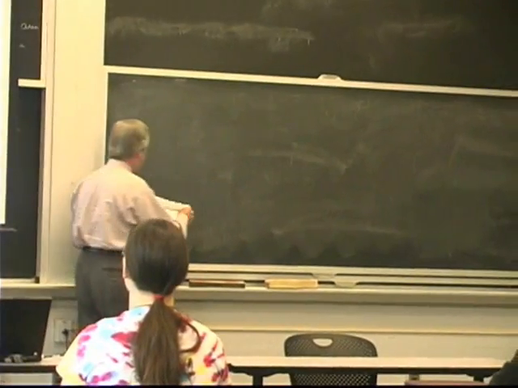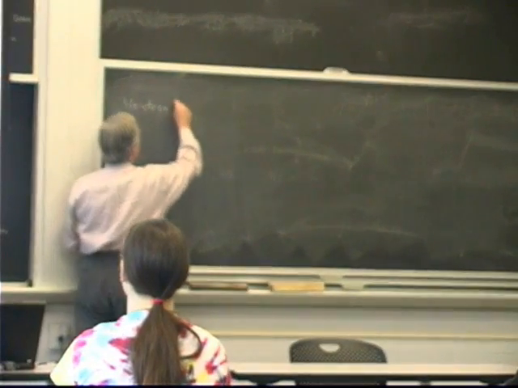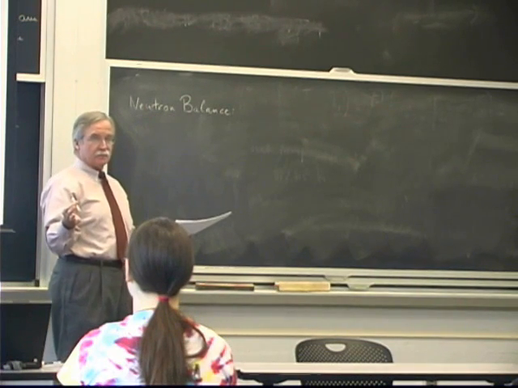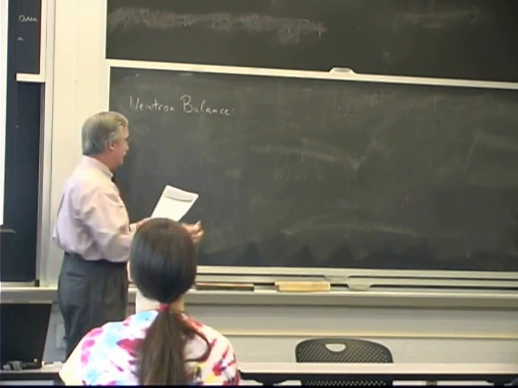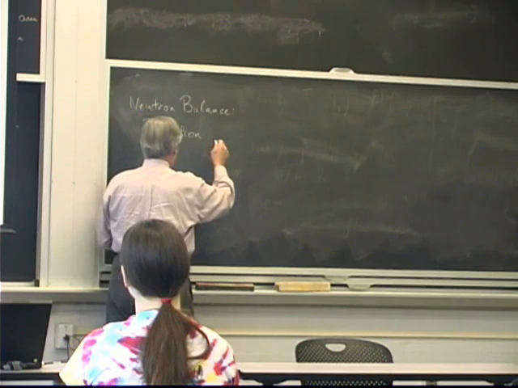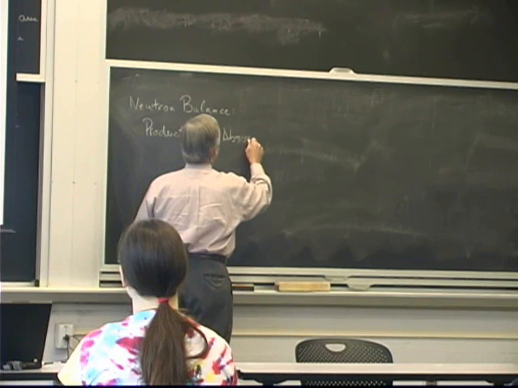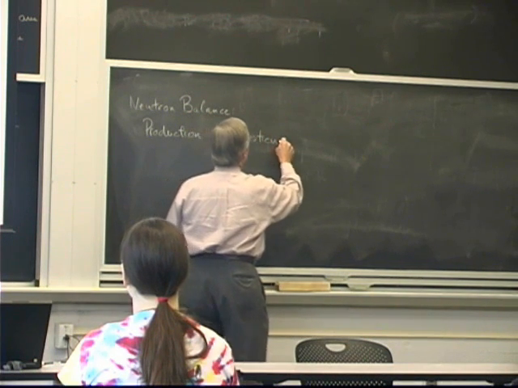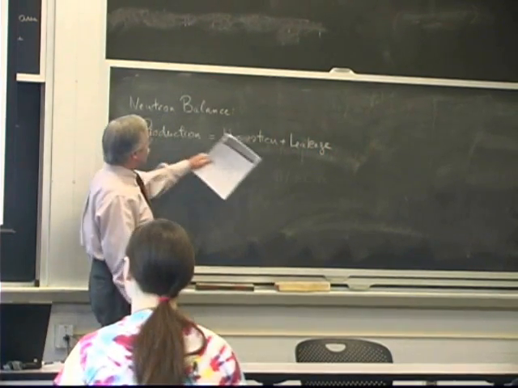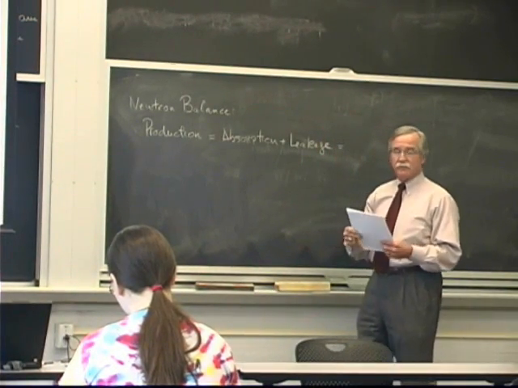You recall our first neutron balance equation for a critical system was production equals absorption plus leakage. Now this was the neutron balance equation, and if this is equal, we have a steady state solution.